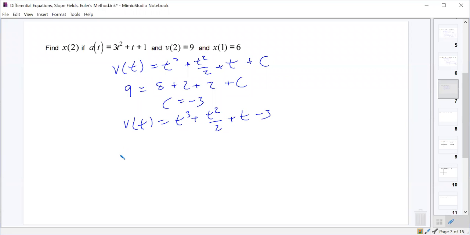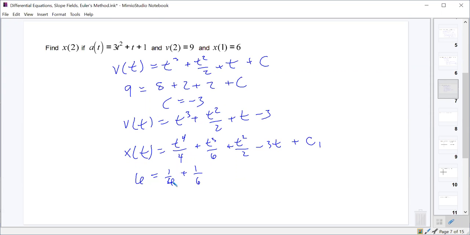Okay, and then we'll integrate it again to get our position function, which should now be t to the 4th over 4 plus 2 to the 3rd over 6 plus 2 to the 2nd over 2 minus 3t plus some other constant. We'll call it constant 1. And if we plug in 1, we should get 6. So a 4th plus a 6th plus a half minus 3 plus some other constant.